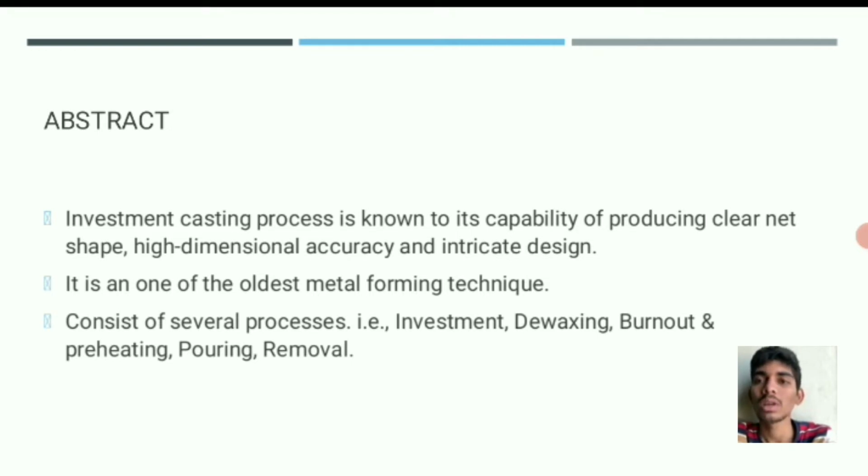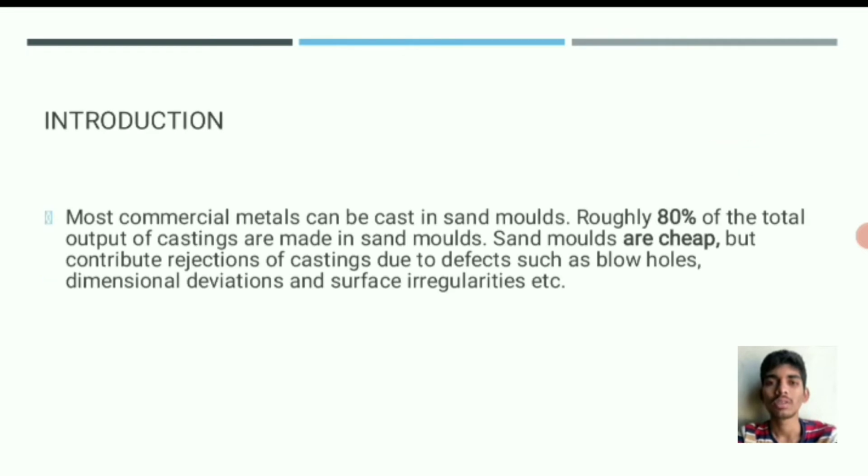It is one of the oldest metal forming techniques. It consists of several processes like investment, dewaxing, burnout and preheating, pouring, and removal. That means we can understand that investment casting consists of several processes which are listed on the screen. Now let us go to the introduction.